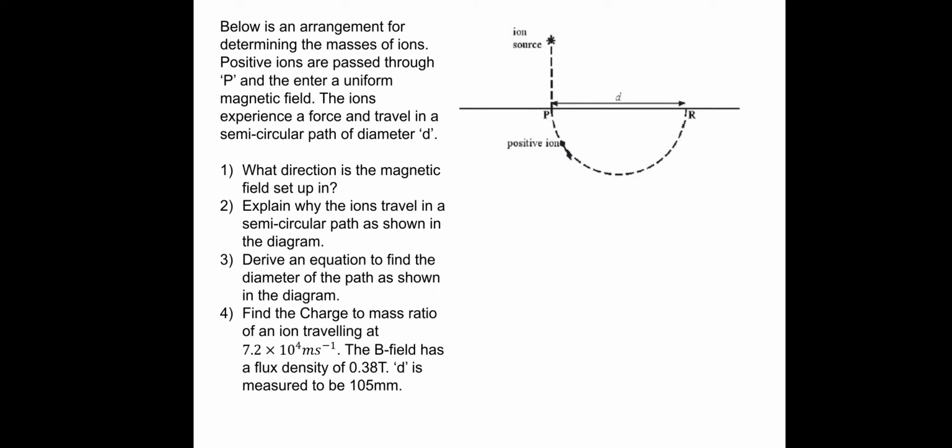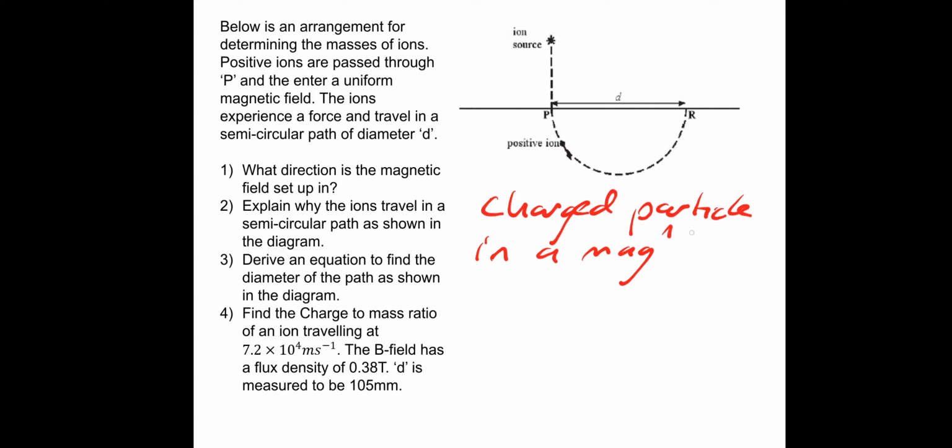Question 2, explain why ions travel in a semicircular path as shown in the diagram. So I'm just going to write this out. A charged particle in a magnetic field experiences a force.